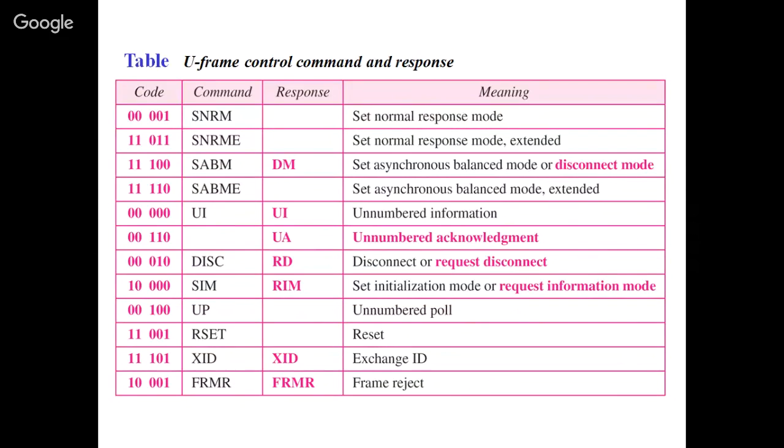These are the different combinations used for the U frame code field. This was the introduction to HDLC, which is used as a data link layer protocol for communication. So thank you.